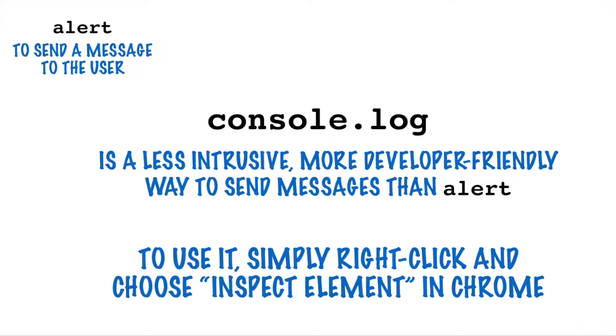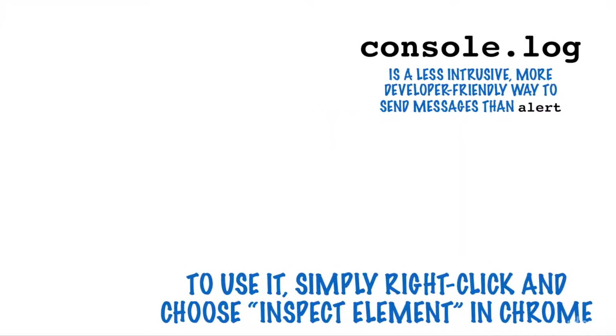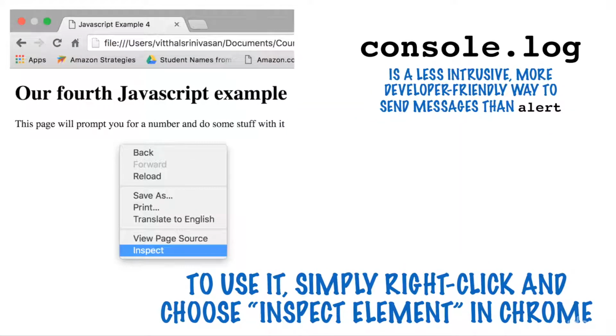For example, if you're using Firefox, if you have Firebug installed, you'll do exactly the same thing. Let's see how this looks in Chrome. So you'll right click anywhere on the web page and you'll see something which looks like this. See the right click or the context menu, and at the very bottom, note the inspect option. This is the option that you will choose.